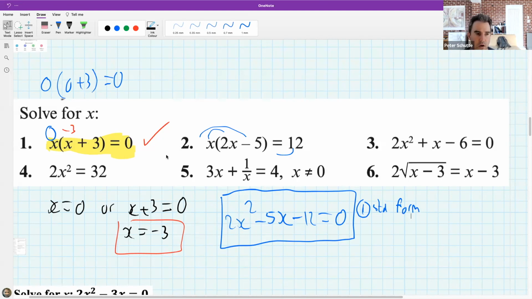Oh, a question. Okay, I'll see if I can scroll up a bit. Does it matter where you put the 12? Ideally, it does. You want to bring it to the one side so you have it in standard form.